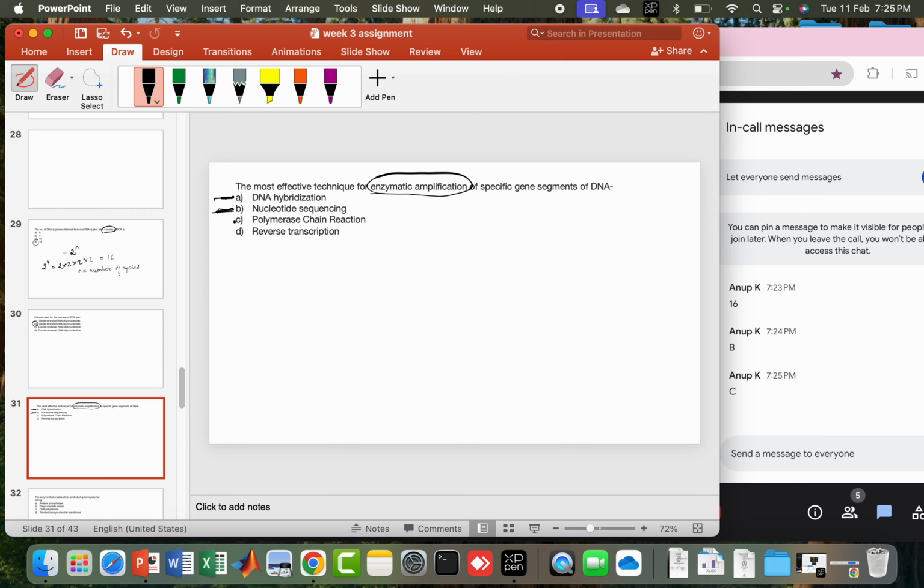Polymerase chain reaction, yes, we do amplify. Reverse transcription will just transcribe cDNA; it is not amplification, it is just first strand synthesis. So the answer is C, PCR.